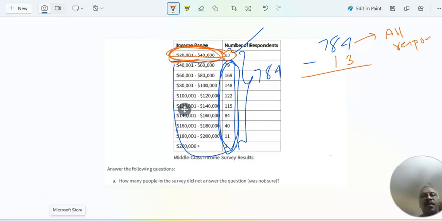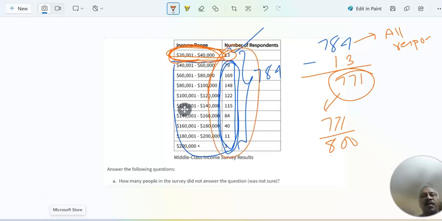If I subtract 13, you get 771. Now what is this percentage? That means 771 divided by 800, because 800 is all of them. You multiply by 100, use the calculator, and you get 98.3. You can also graph this.